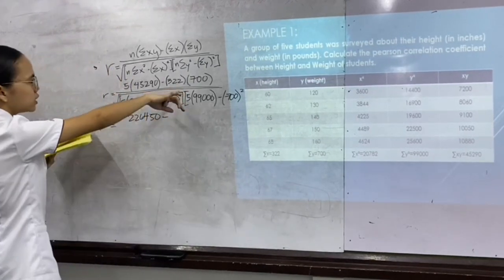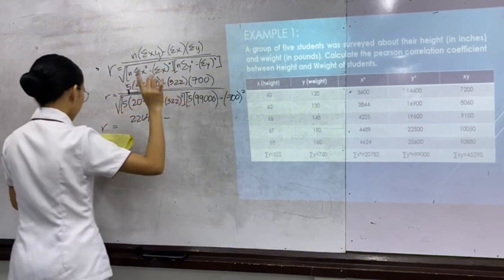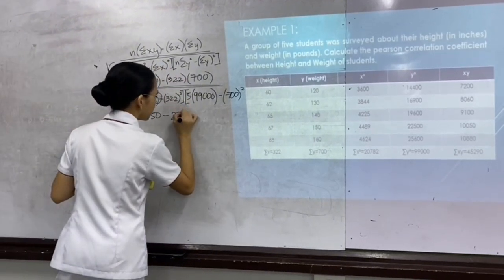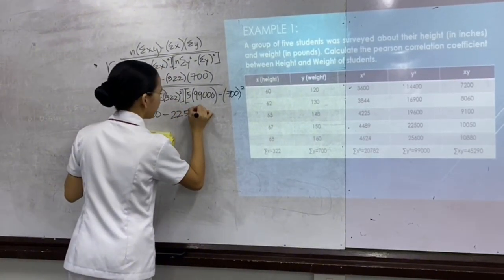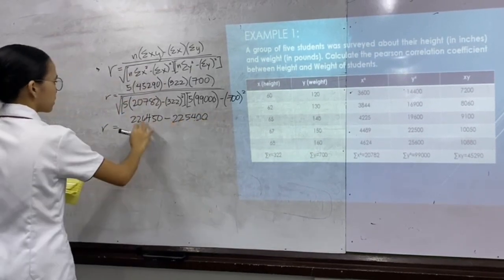Minus 322 multiplied by 700 is 22,545,400.